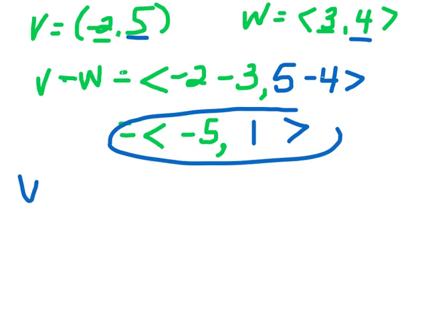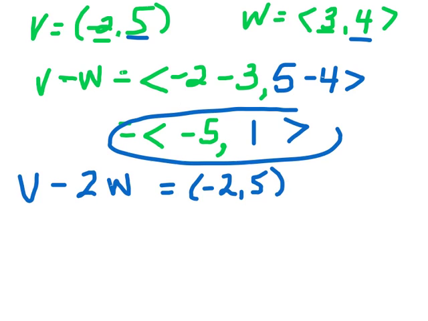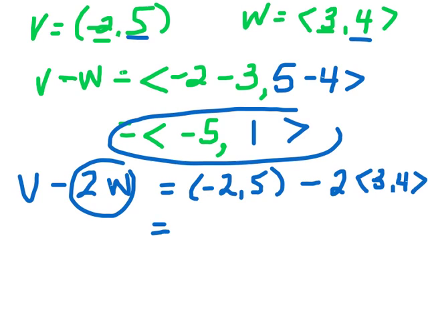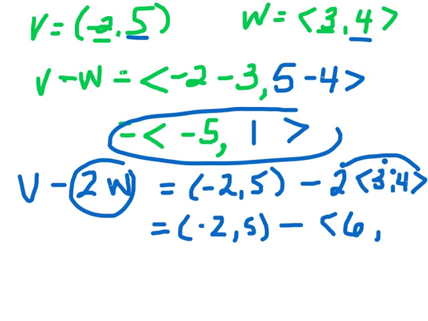I could even have v minus 2w if I wanted to. So that would be negative 2, 5, and then I'm going to subtract twice w. So I'm going to say 2 times w, which is 3, 4, okay? Let me just do this a piece at a time. That's negative 2, 5, minus, and I just distribute the 2. 2 times 3 is 6, and 2 times 4 is 8, so I can subtract that.